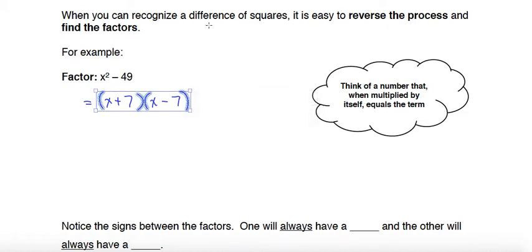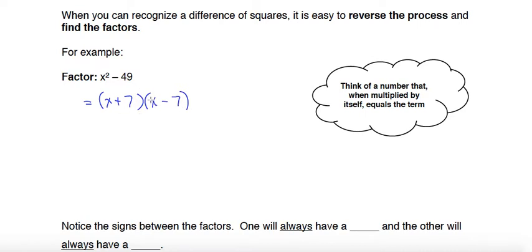So we want to find the square root of both terms, and then put the square root of the first term at the beginning of each bracket, put the square root of the last term at the end of each bracket, and they each get a different sign. Think of the number that when multiplied by itself will equal that term, and place those in the brackets with opposite operations.